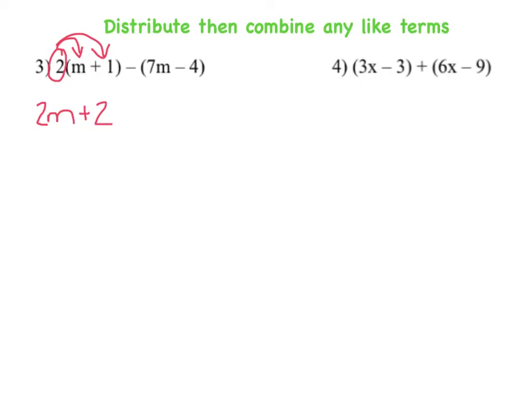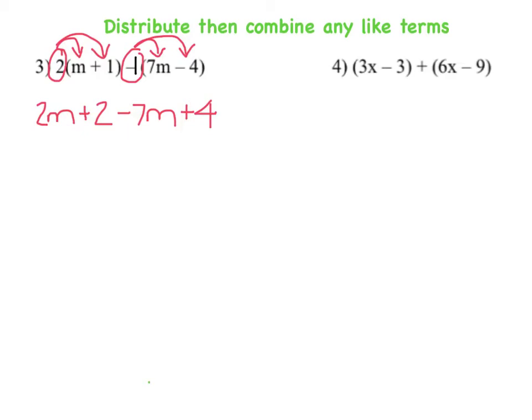Now the second number I'm distributing, notice there's a negative sign. And anytime there's a negative sign, I'm going to put a negative 1 there. So what I'm basically distributing is a negative 1. So negative 1 times 7m is negative 7m. And negative 1 times negative 4 turns it into a positive 4.